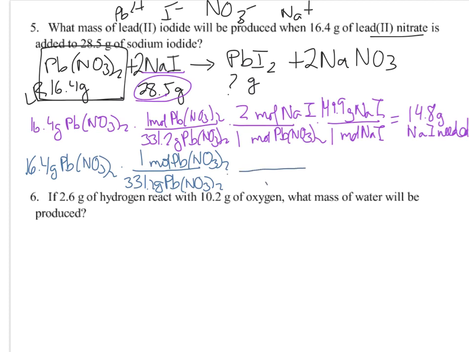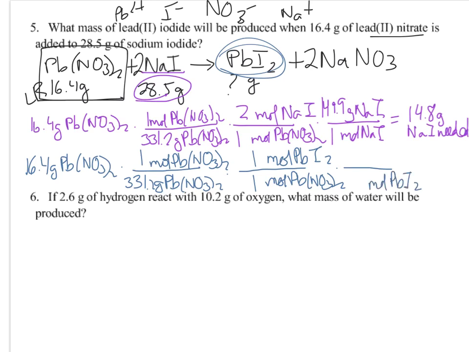Then I'm going to go from moles of PbNO3 to moles of the substance that I want, which in this case, since I'm trying to solve my question, is PbI2 here. It's a 1-to-1. Then finally, moles of PbI2 on the bottom, grams of PbI2 on top. 1 mole of PbI2 is 461.0 grams of PbI2.